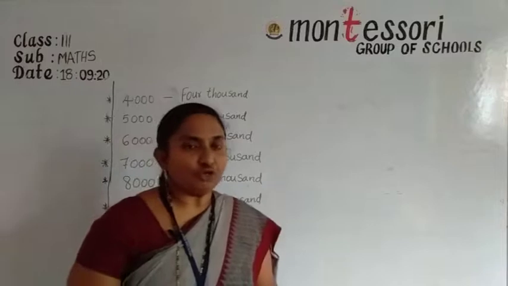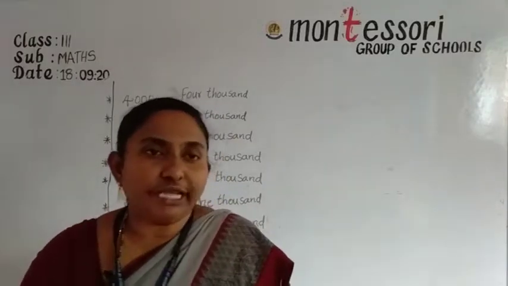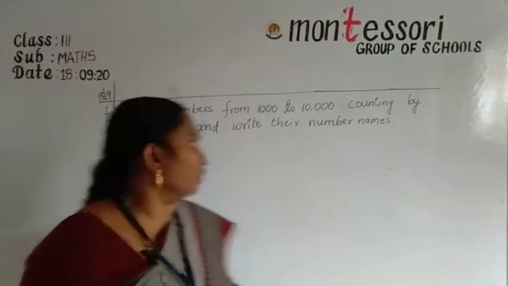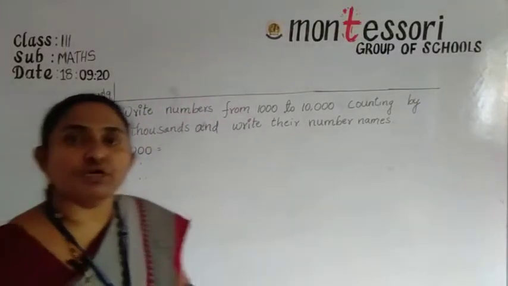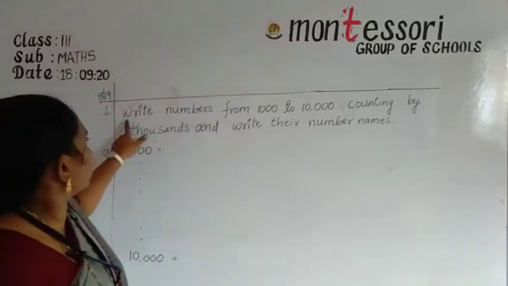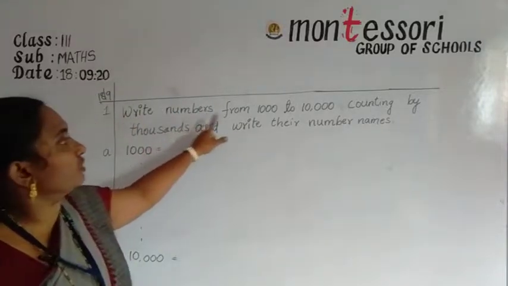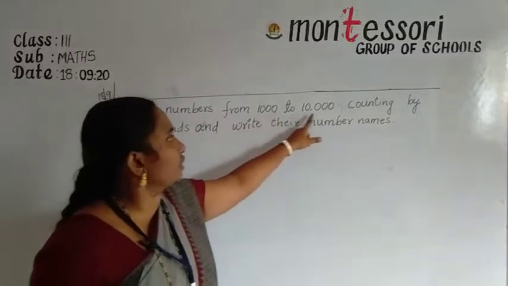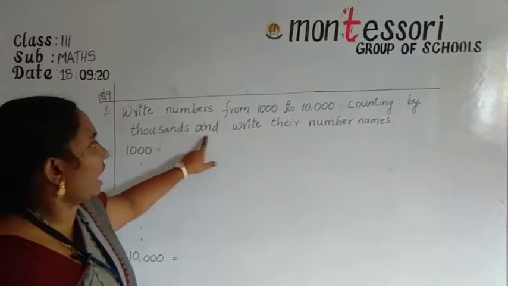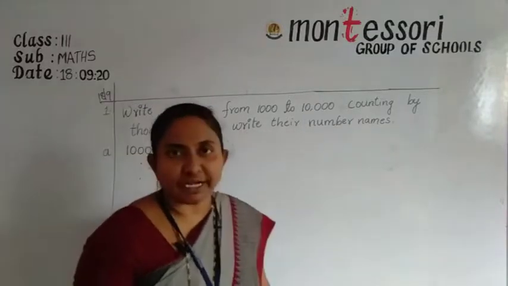Now all of you close your classwork and take your homework book. Write down the date 18/9 and write the question. Write numbers from 1000 to 10,000 counting by thousands and write their number names.